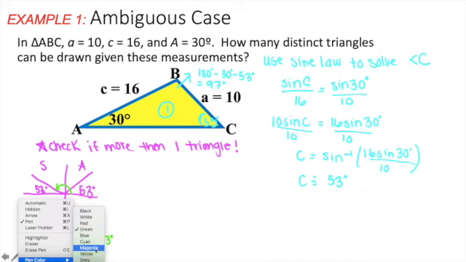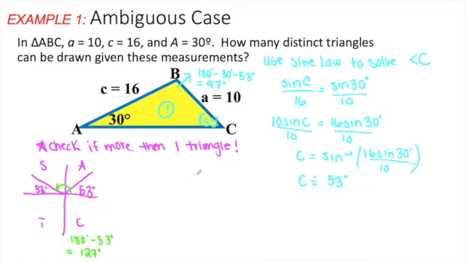Let's go back here. We're going to see if we can draw a triangle that has 127 degrees here. Keep the 30 there. You're still side 16, this would be side 10. And you have to see if this angle works out if you use that 127 degrees.